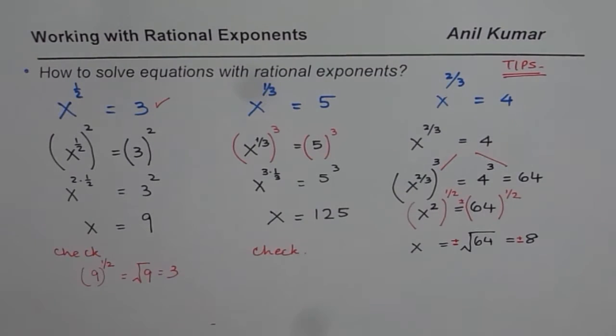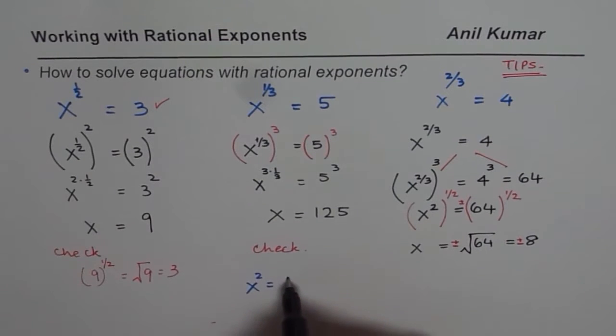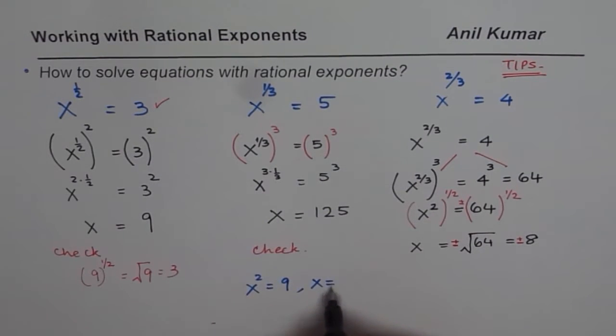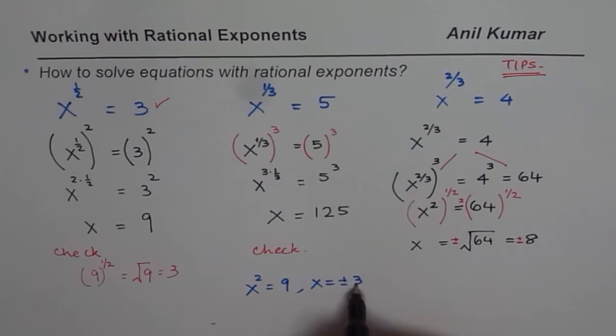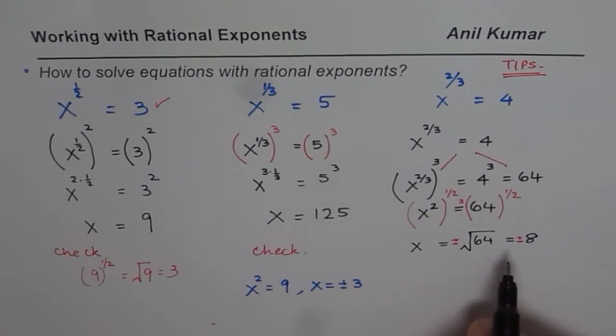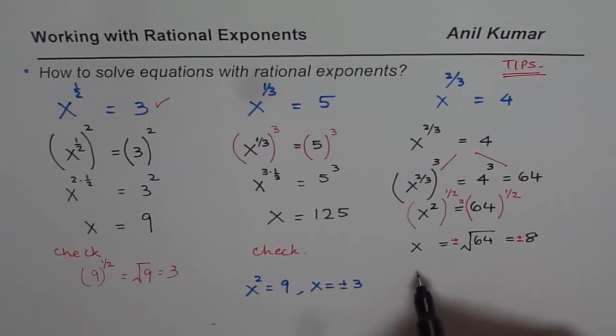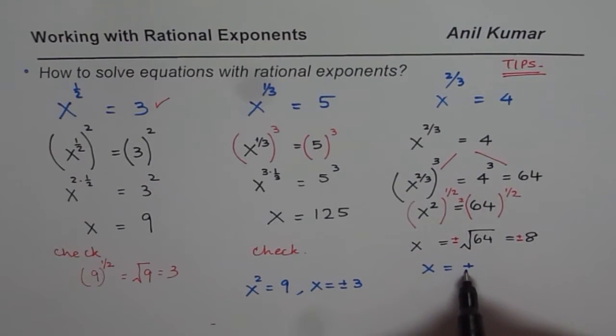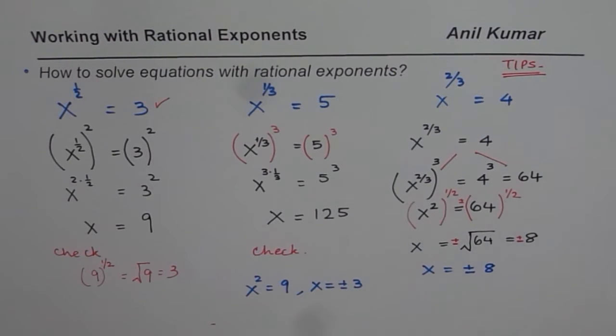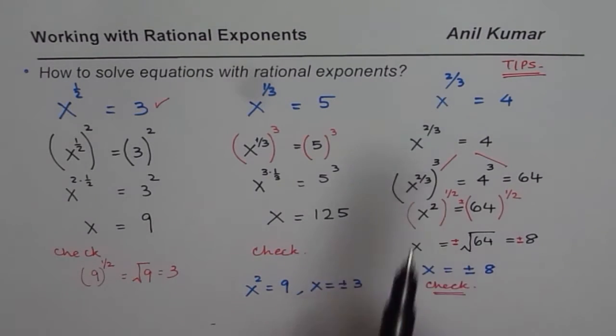You remember this: if I have x squared equals 9, in that case x equals plus and minus 3, square root of 9 with plus and minus. That is the same situation here. So what you get here is x equals plus and minus 8. Two answers, right? That is most important to understand. I would like you to check this particular solution and be careful. Whenever you take the square root, we may get two answers. That is important to understand.